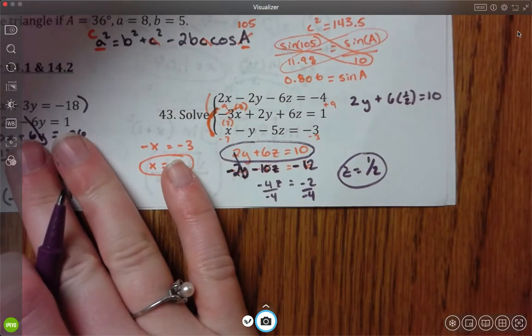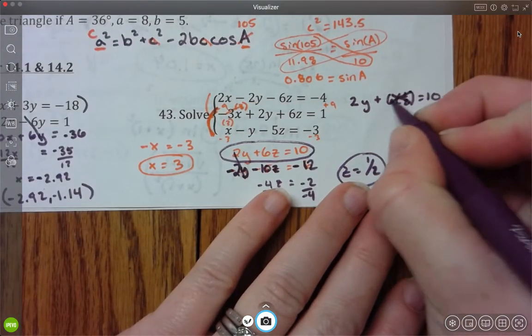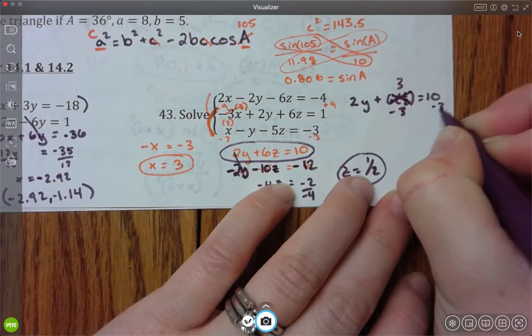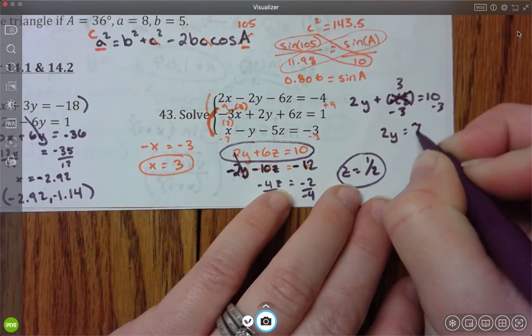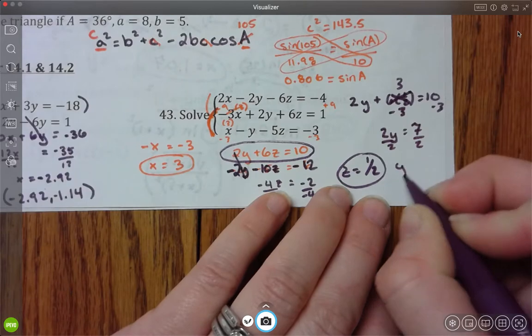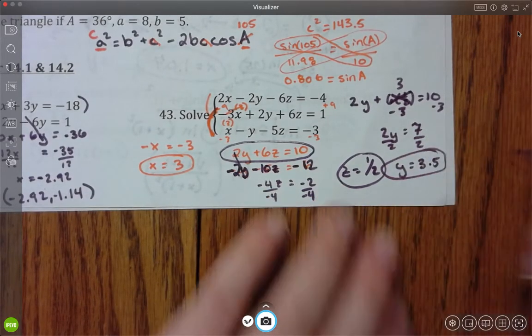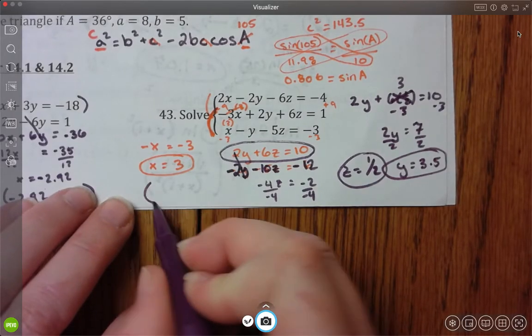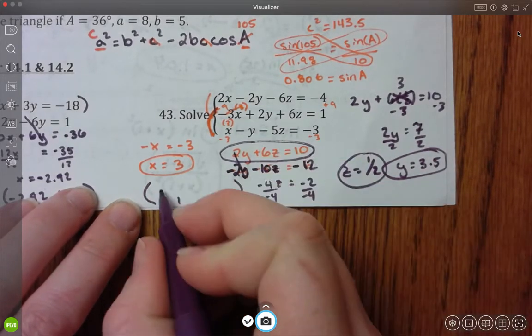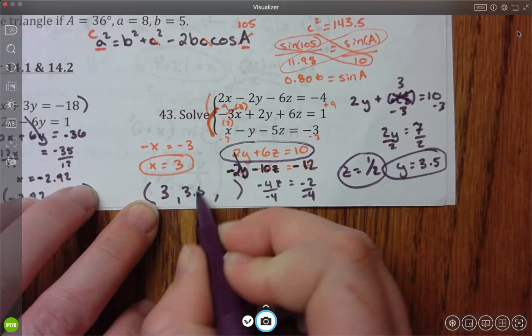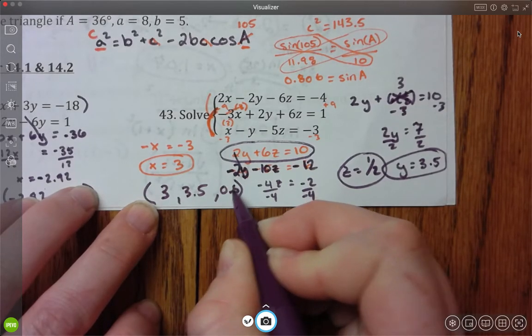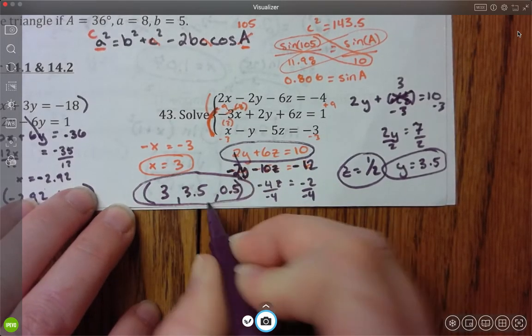Okay. So half of 6 is 3, and if I subtract 3, I'll have 2y equals 7, and divide by 2, so y is 3.5. So let's go ahead and write that out as one whole ordered triple. I'll have 3, 3.5, and I'll do 0.5. I'll put them all as decimals there. Okay, so there is that.